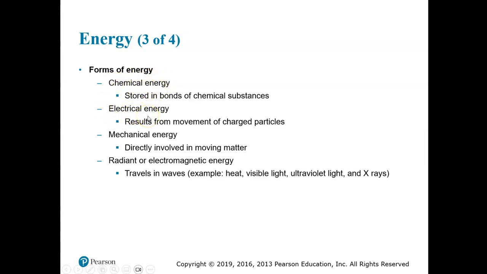Electrical energy is a form of kinetic energy. It results from the movement of charged particles. We also call it electricity. And mechanical energy is directly involved in moving matter. So when our muscles contract and cause our bones to move, that's going to be mechanical energy.